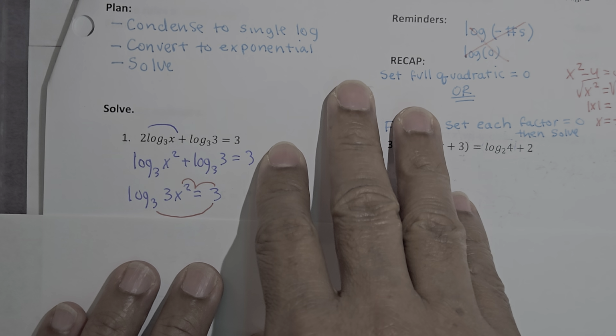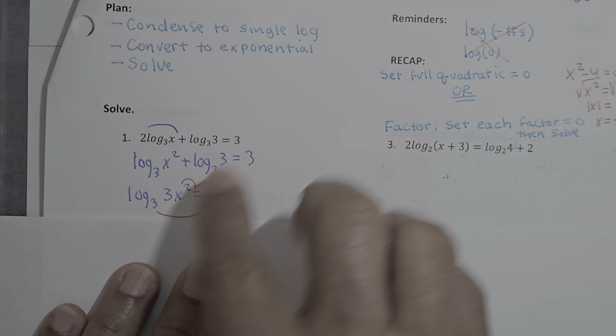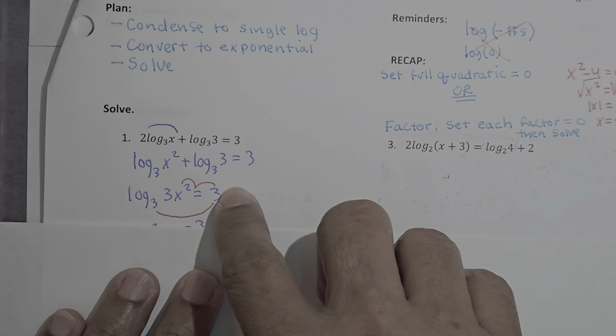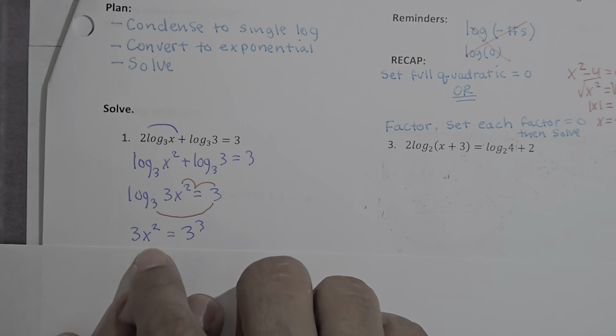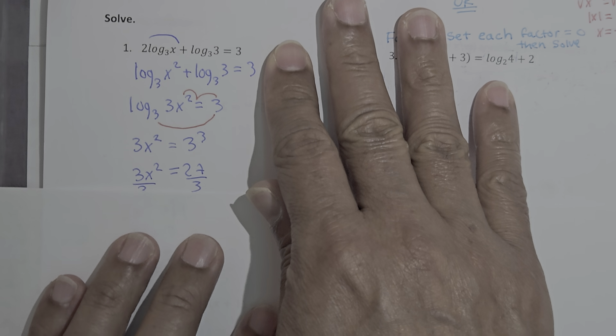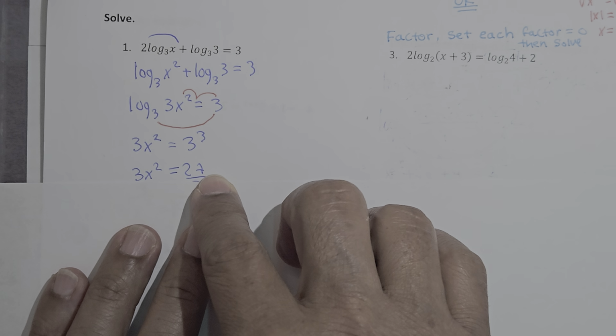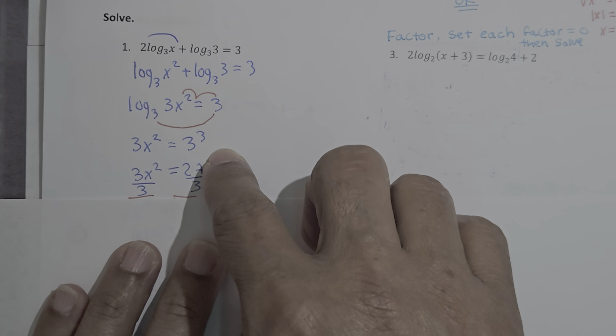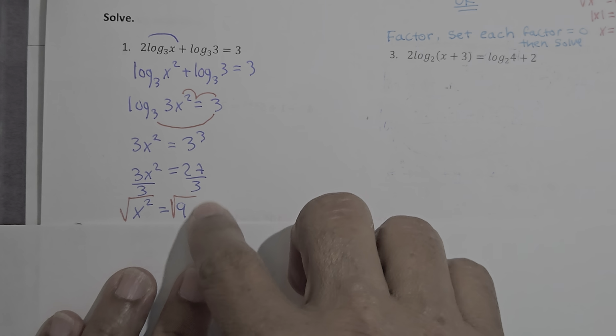Now, from this step, we go to converting to exponential because it's one single log. The base of the log raised to this power is going to be equal to 3x squared. So we have 3x squared equals 3 cubed, but 3 cubed is equal to 27, right? Once we get this, we're trying to get the x squared by itself. We divide by 3, and 27 divided by 3 gives you 9.